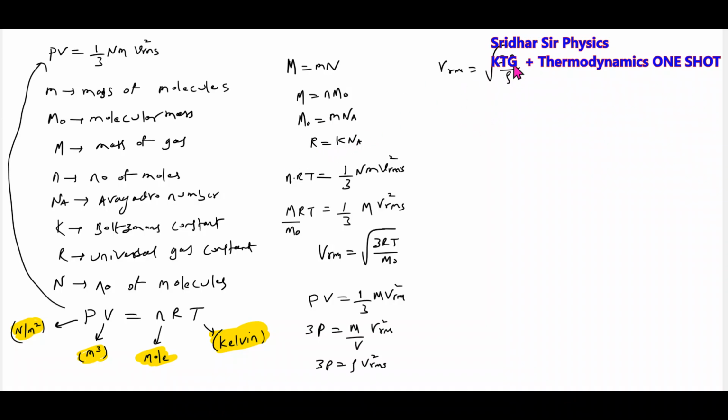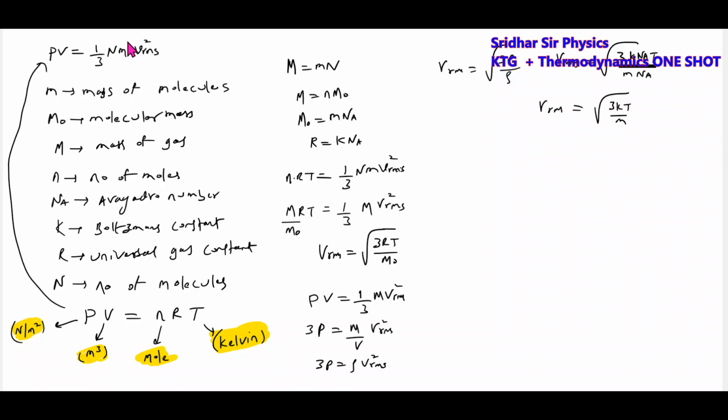What is R? R equals k N A. So I'll substitute this further. V rms equals root of 3 times R, which is k N A, T by molecular mass. We can write the molecular mass as small m into N A. N A gets cancelled. So this will become root of 3kT by small m. Like this, we'll express this for number of moles.